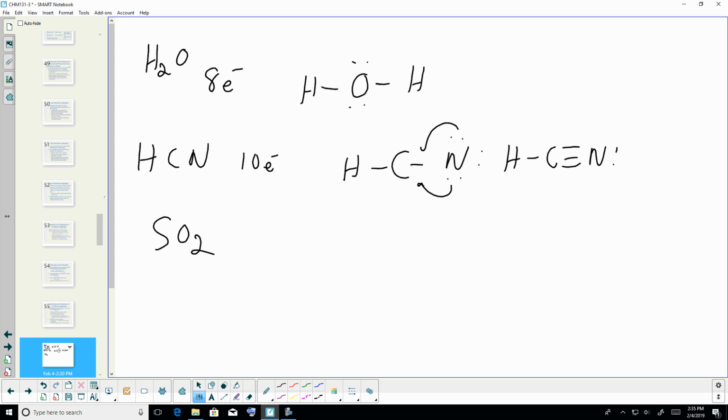So I got 2 oxygen, 2 times 6 is 12, and 1 sulfur is 6, 18. Who's more electronegative, oxygen or sulfur? What did I say about electronegativity in a column? It increases as we go from bottom to top. So sulfur is less electronegative than oxygen, so it goes in the middle.